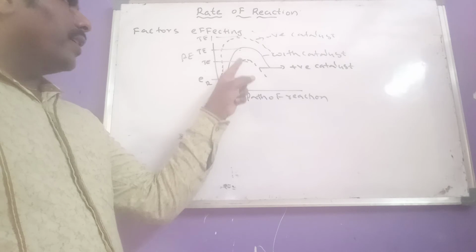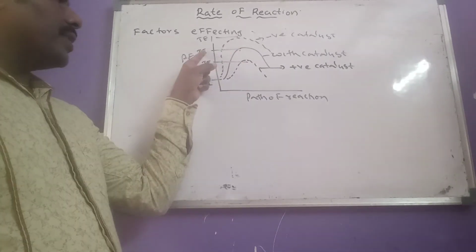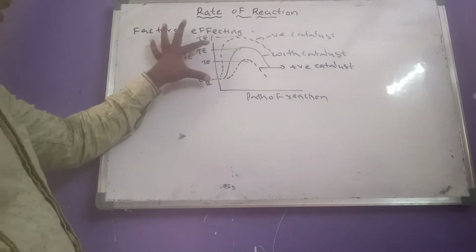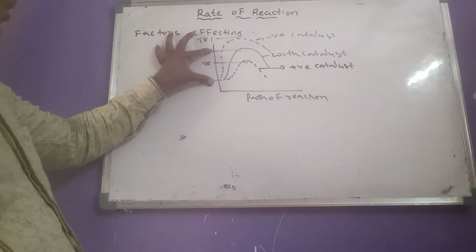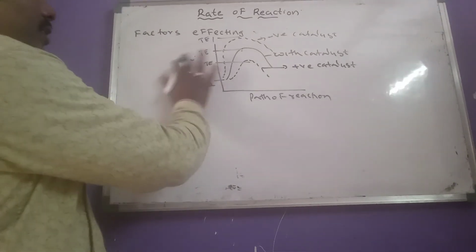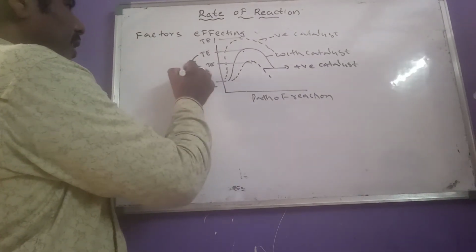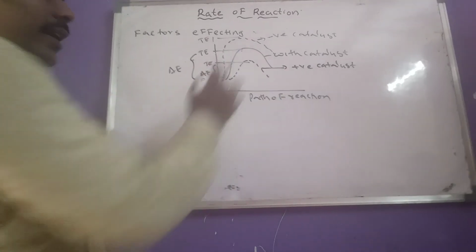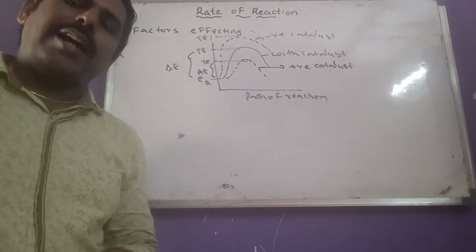So see here, without catalyst and with positive catalyst, if you compare the energy gap between threshold energy and reactant molecules energy, this is called activation energy. Activation energy is less in case of positive catalyst.